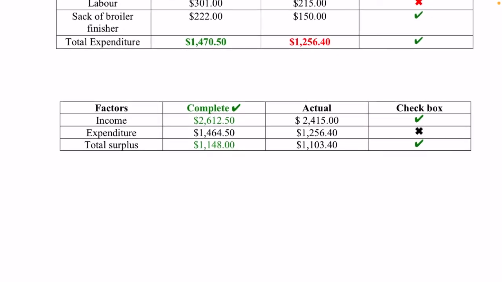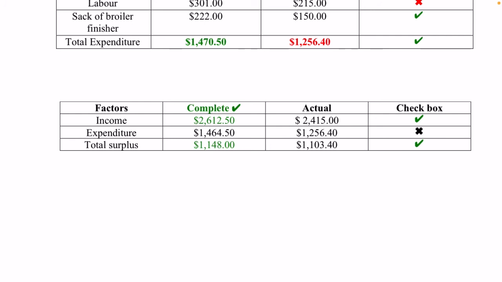Alright, now let's take a look at the factors that contribute to a difference in the surplus or profit. We apply the same concept. Let's determine which of the two has the highest profit. As you can see, the projected budget or the complete budget has a higher surplus than the actual surplus.